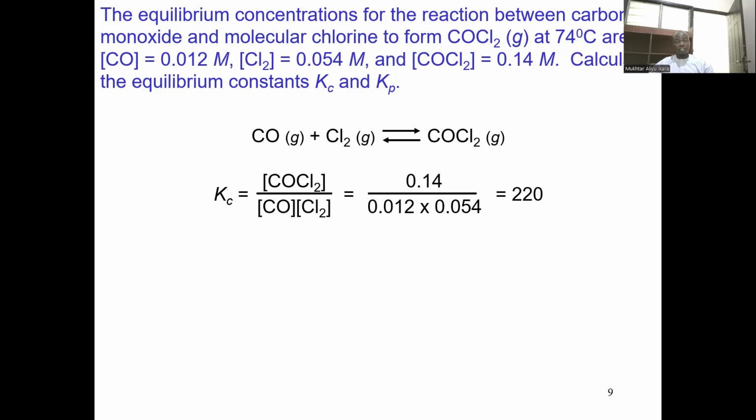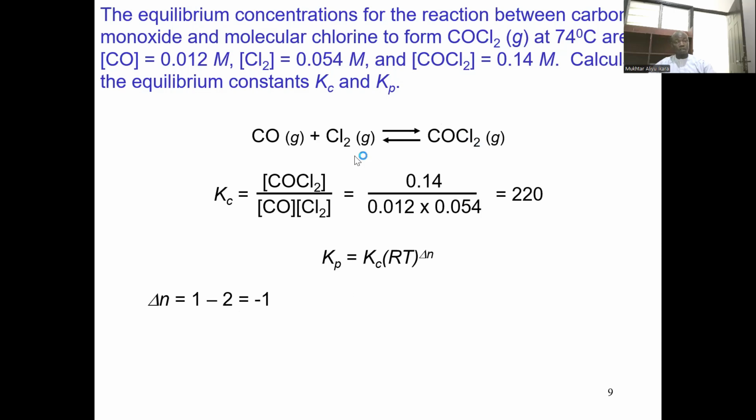So we now calculate the Kc, and then the next thing is the Kp. For the Kp, we are now going to use Kc times R times T raised to the power of delta n. So we need the change in the number of moles of the gaseous product minus that of the reactant.